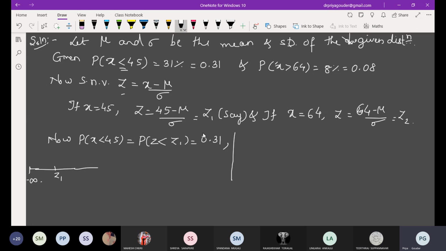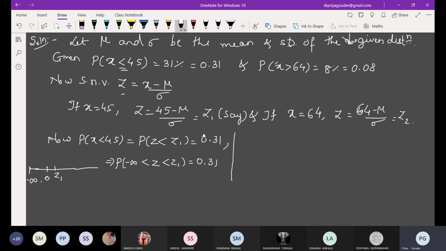So actually I want the probability of minus infinity less than Z less than Z1. Now tell me, between minus infinity and Z1, do you have that point of reference 0, yes or no? Yes, ma'am. Obviously it is there, because Z1 is positive and the other end is negative, so 0 is somewhere here.